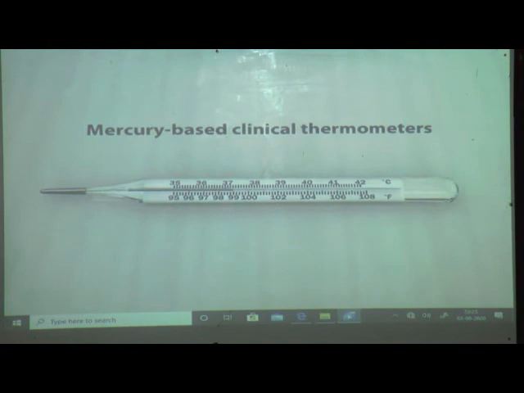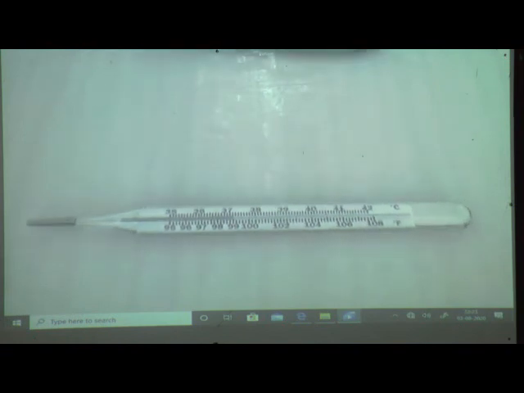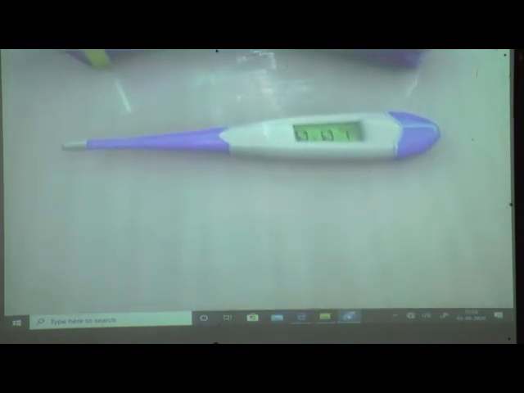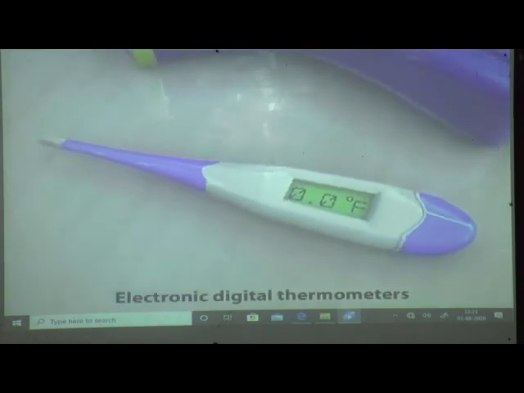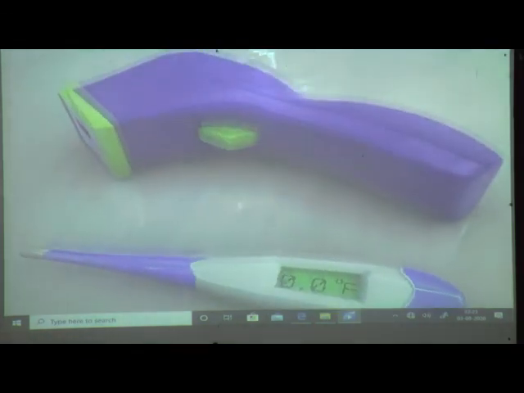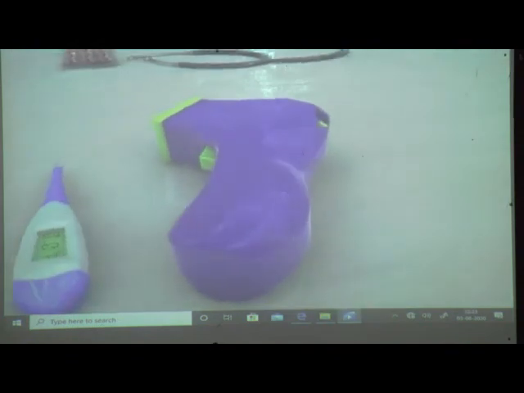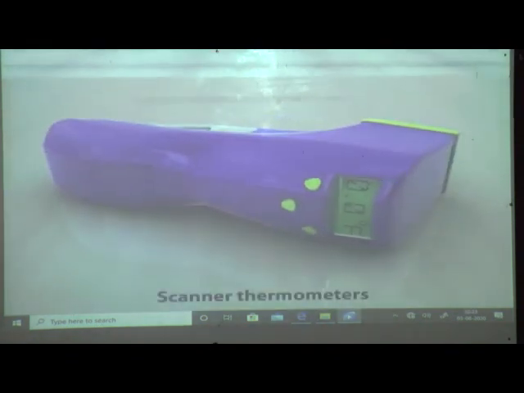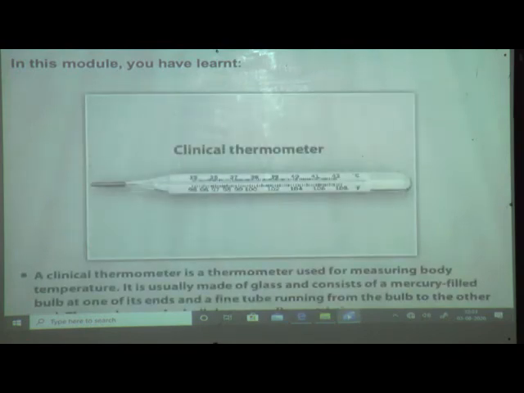This is why mercury-based silicon thermometers have largely been replaced nowadays with electronic digital thermometers or scanner thermometers. In this module you learned a chemical thermometer is a thermometer used for measuring body temperature.